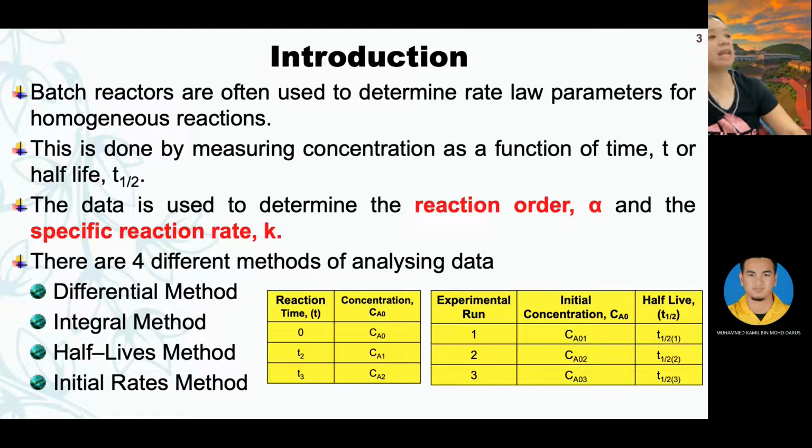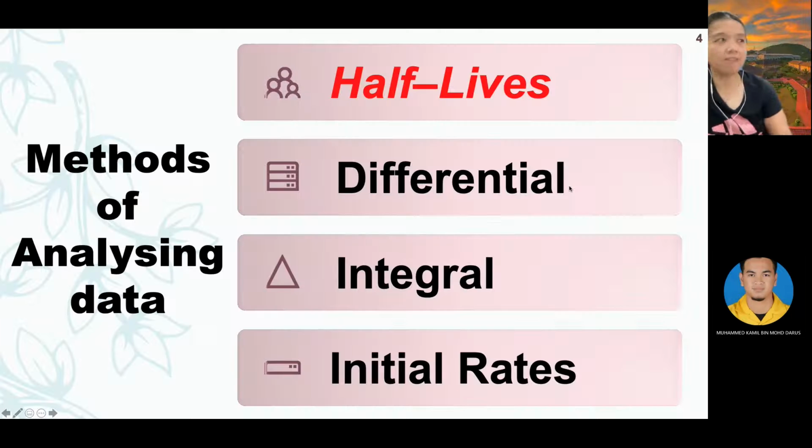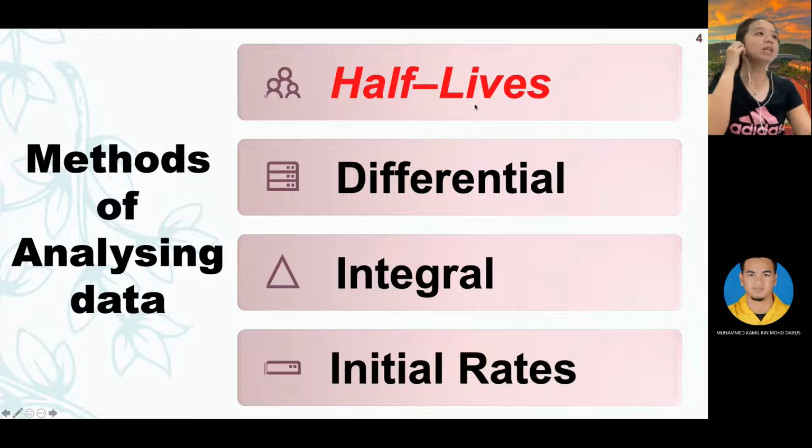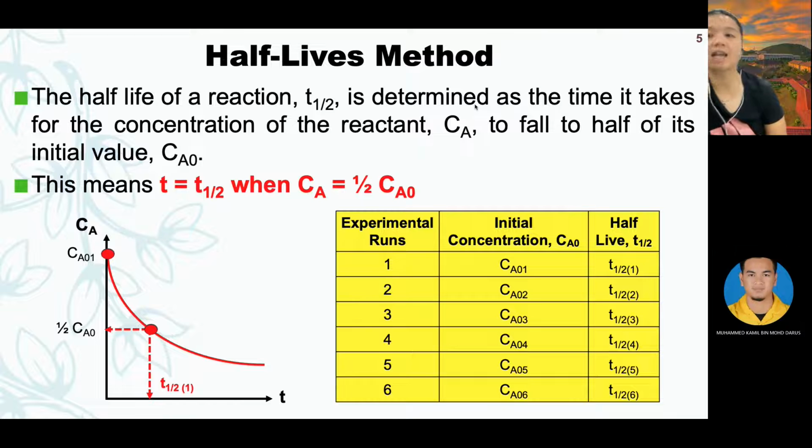We're going to explain one by one what information you are going to collect from the experiment and how we use the information to find K and to find alpha. So we start first with the half-life method. The word half-life means the information that you collect must be related to half-life.